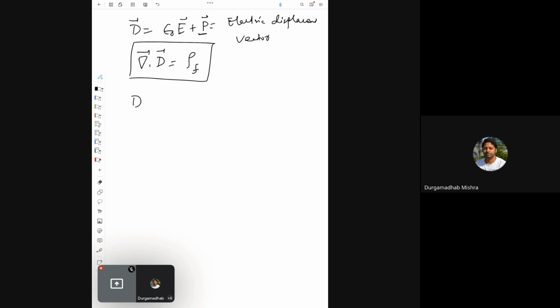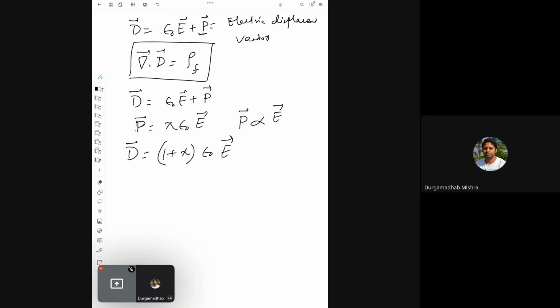So this D, which is epsilon naught E plus P, and P is chi epsilon naught E, as we saw earlier, is proportional to E. So D will be equal to 1 plus chi, times epsilon naught E, which is sometimes written as epsilon E. This 1 plus chi is given by epsilon R, the dielectric constant of the material.